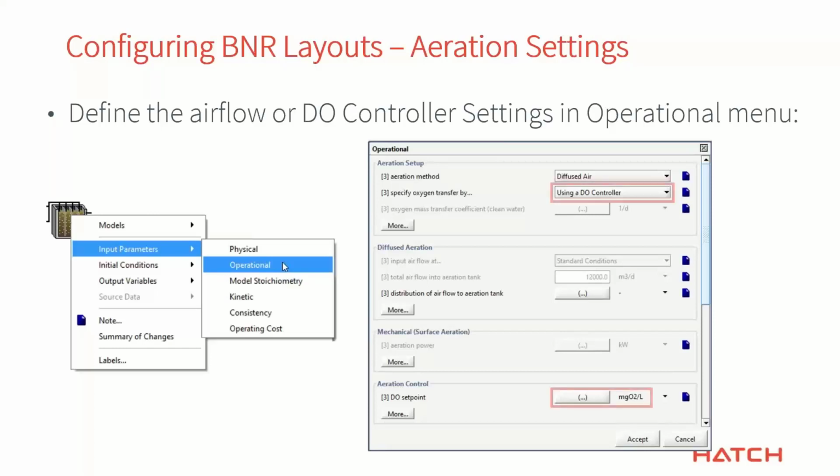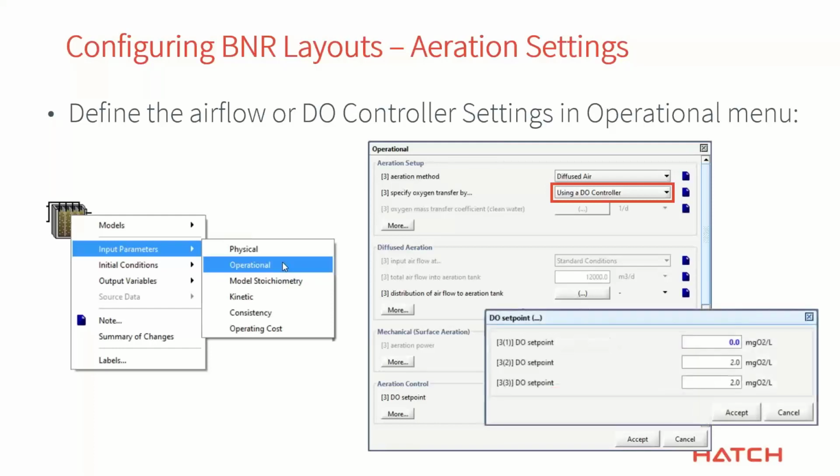The most important thing to look at is whether you're using a DO controller or not. By default, it will be set to DO control, so the controller is on. And then you can go to that button down there at the bottom, and you can set the DO set points as needed here. So this, for example, has an anoxic zone at the front, followed by 2 aerobic zones. So that's kind of the handy way to do it.